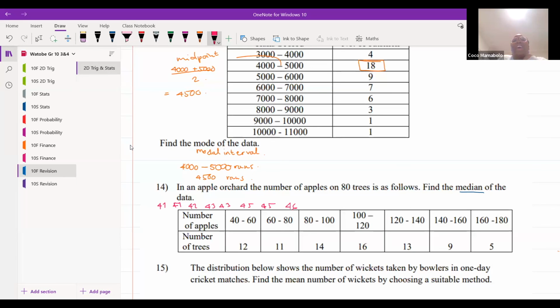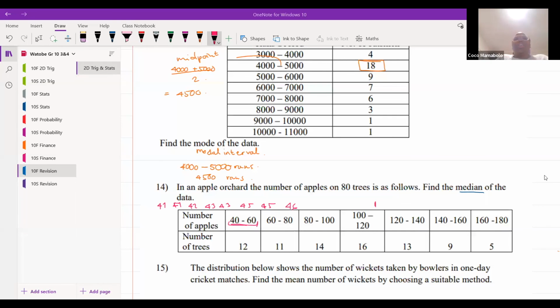There are 12 of these numbers: 1, 2, 3, 4, 5, 6, 7, 8, 9, 10, 11, 12. Up until the 12th number, all of those numbers will be between 40 and 60. Give me a thumbs up if you all understand what I mean by that.